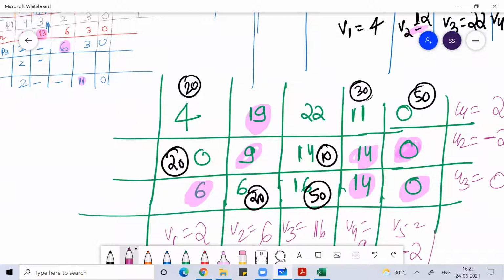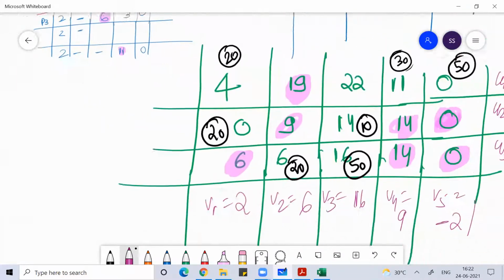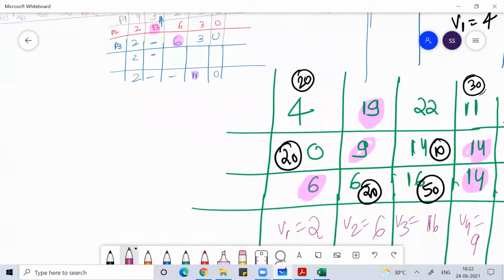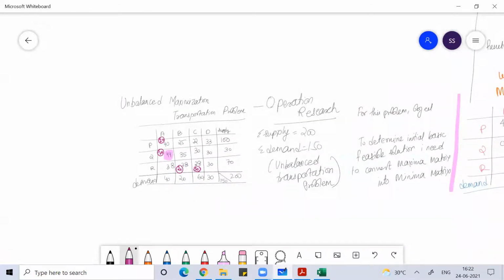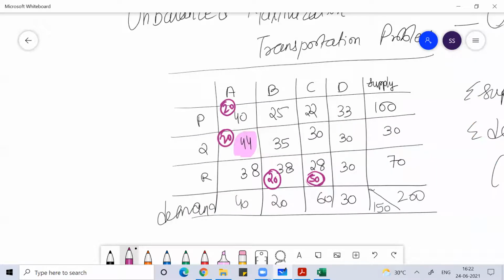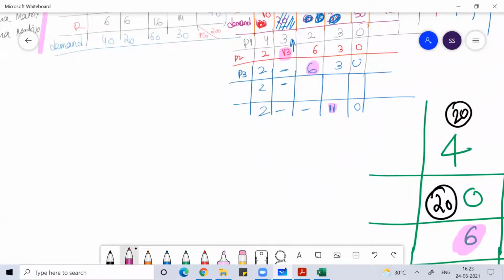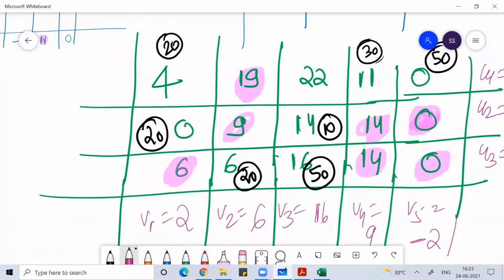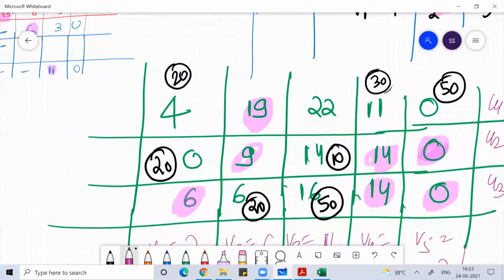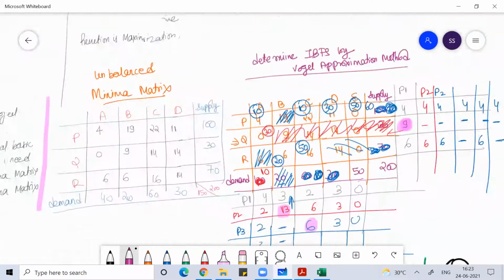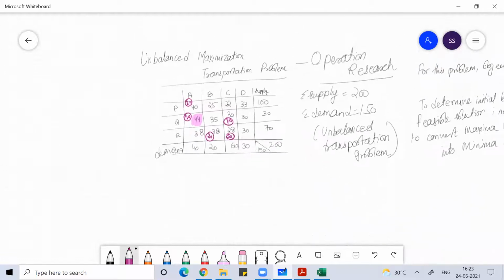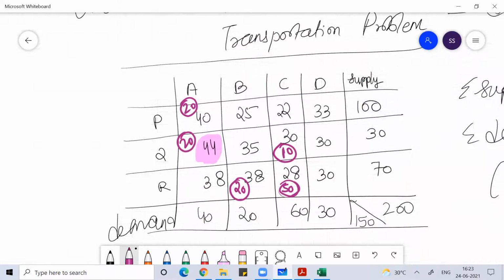Then second row, third element, 10. So 10, 30, 50.